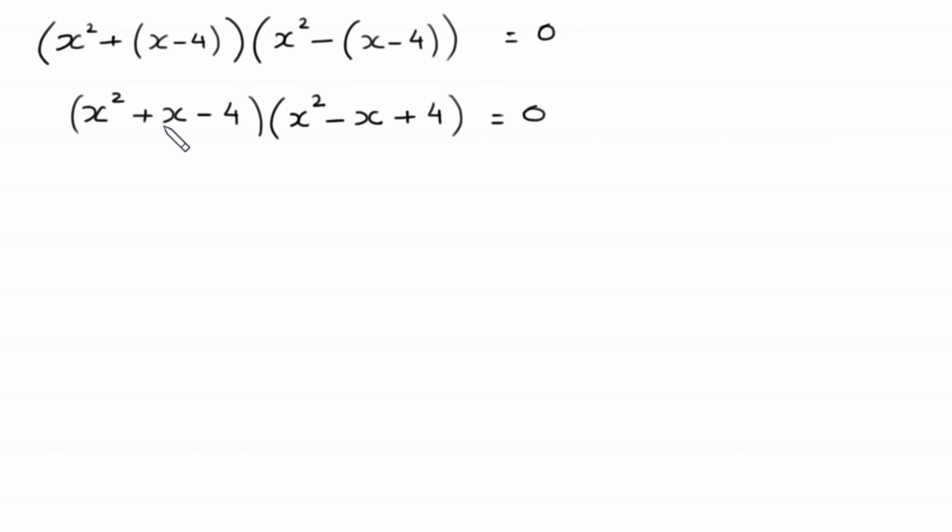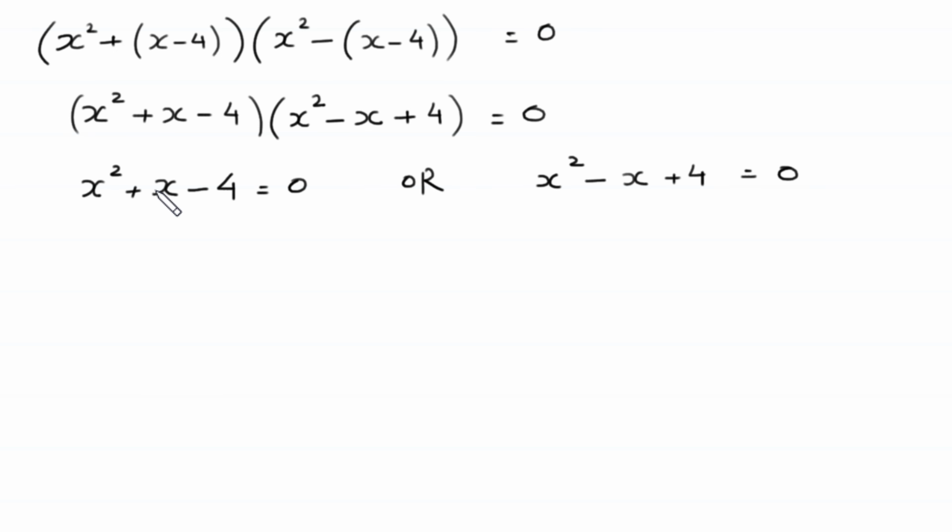Now from here, either this expression x squared plus x minus 4 is equal to 0, or this expression x squared minus x plus 4 is equal to 0.